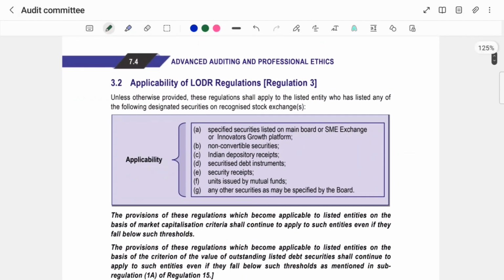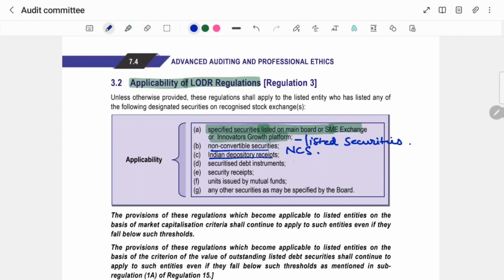Now the next topic is applicability of LODR. The applicability of LODR regulations also you have to learn. The first is the listed securities. In point A it is given specified securities listed on main board or SME exchange. For this you can directly write here: listed securities. Then is the non-convertible securities. Then is IDR, that is Indian Depository Receipts.